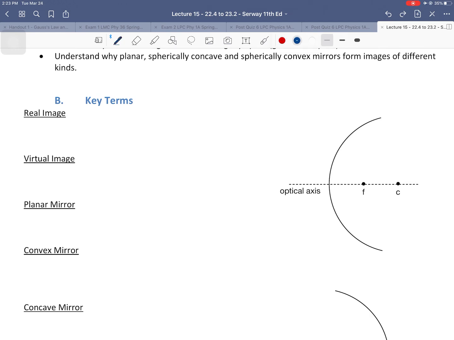So the first key term that I want to introduce is something called a real image. A real image is an image formed by light passing through a point. So this is an image formed at a location where light is present.